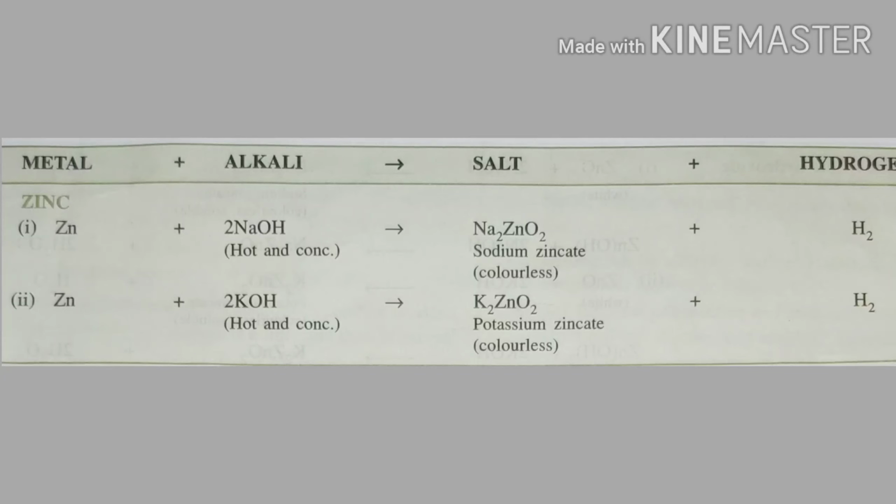What is the color? It is colorless. Sodium zincate and potassium zincate both are colorless. So what you find is that when hot and concentrated alkali like sodium hydroxide and potassium hydroxide react with zinc, they produce salt and hydrogen gas.